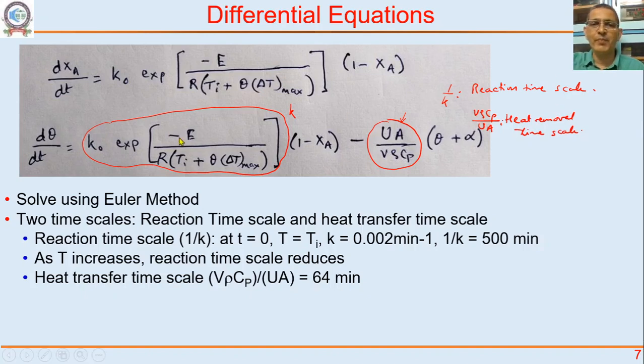So the interplay of these two will give rise to different behavior now. So plot this data, plot it for different cases. It is minute inverse, not minute minus 1, minute inverse. Let me just make that correction.